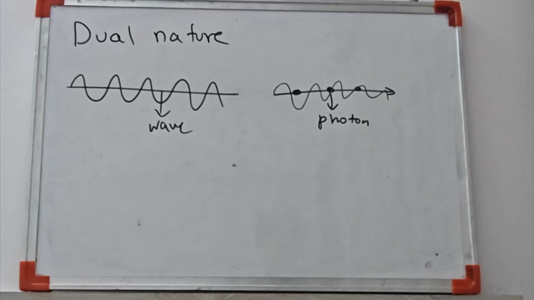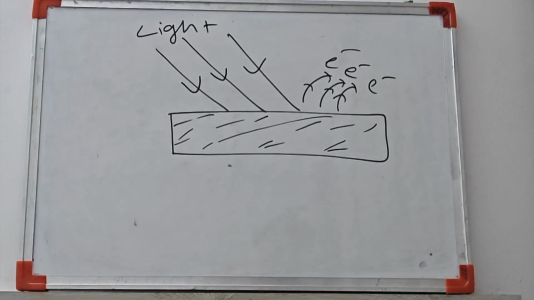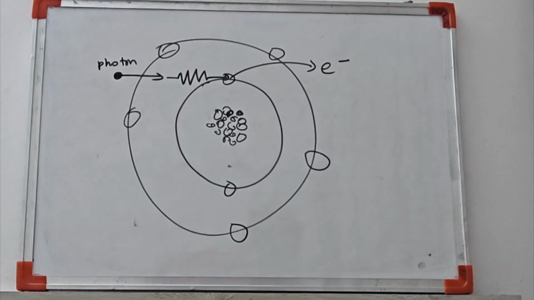To prove that, we have an experiment which is known as the photoelectric effect. How do we do that, you may ask? To do the photoelectric effect, we put light on a metallic surface and electrons are ejected out from it. So let's go to the microscopic level and see what is happening inside.